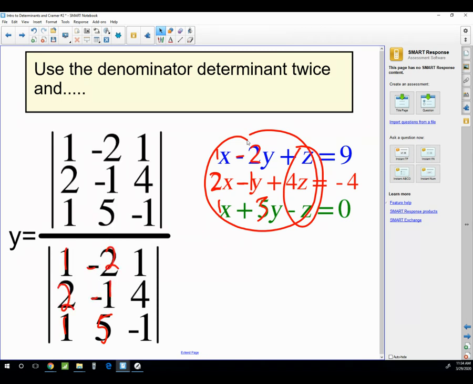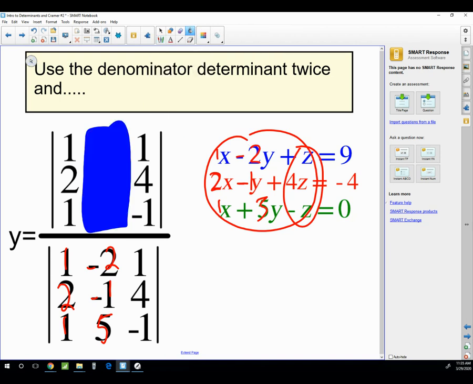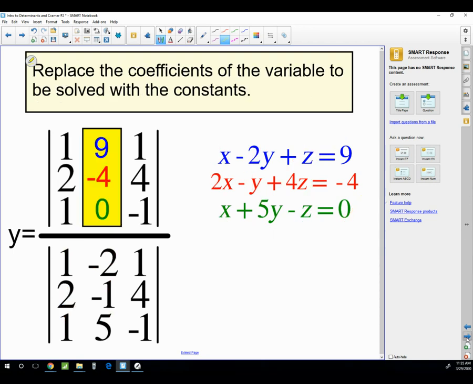If we were to just leave it like that, then of course the answer would be 1 because anything divided by itself is 1. But then we want to take out the y coefficients because we are solving for y, and then put in the constants. These are the constants: 9, negative 4, 0. And then that's it.